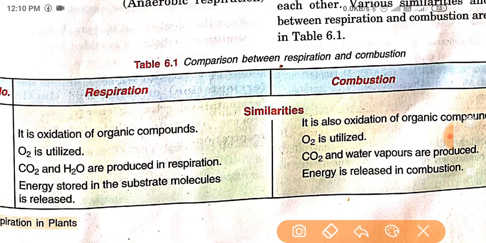In respiration, oxidation of organic compounds occurs, and in combustion also oxygen is utilized in both processes. Carbon dioxide and water are produced in both processes, and in combustion, water is produced in the form of vapors only. Energy stored in the substrate molecule is released, so energy is released in combustion also.